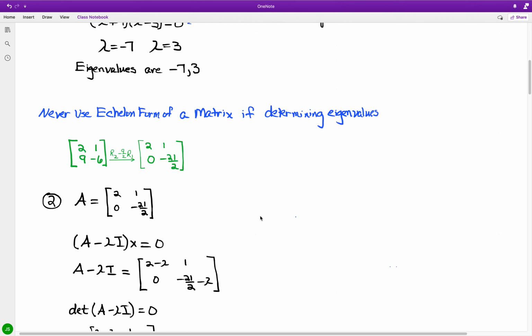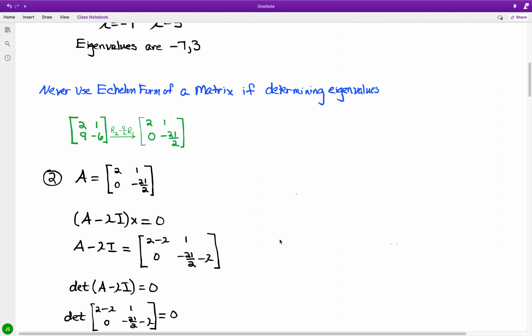And looking at what we have once again for the quantity A minus lambda I times x is equal to 0, for A minus lambda I, with the formation of minus lambda 0, 0 lambda, the difference is 2 minus lambda, 1 for the top row, and for the bottom row 0 and negative 21 halves minus lambda.